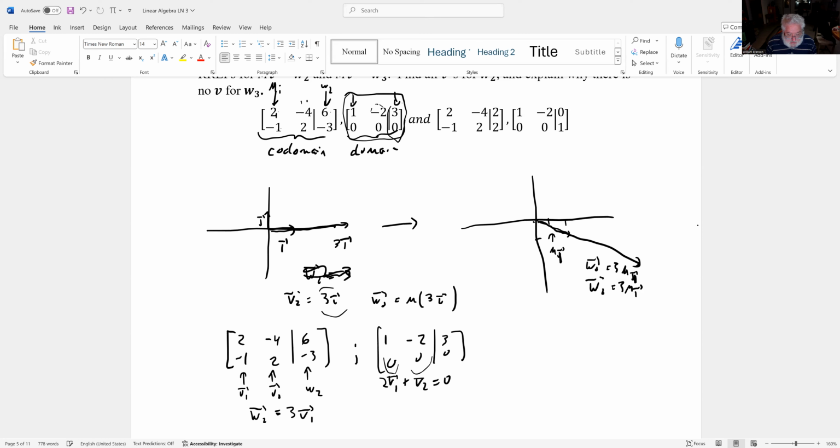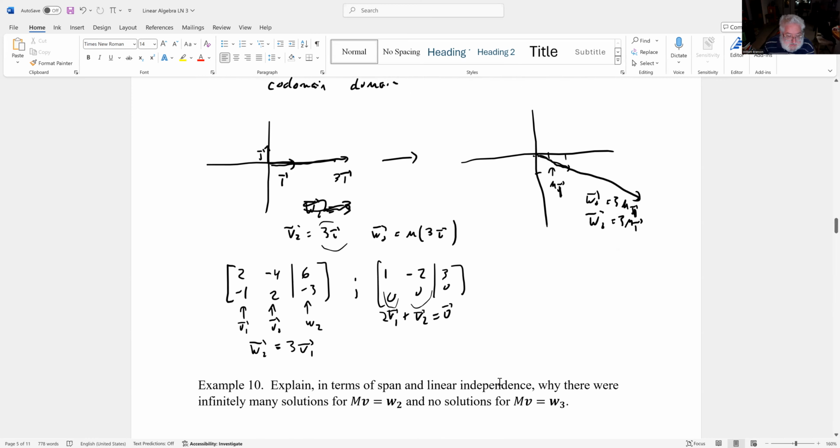I get 0. Now that's a surprisingly interesting thing because W2 can be rewritten as 3 times V1 plus 0, which is the same thing as 3V1 plus 2V1 plus V2, right? Because that's equal to the 0 vector.